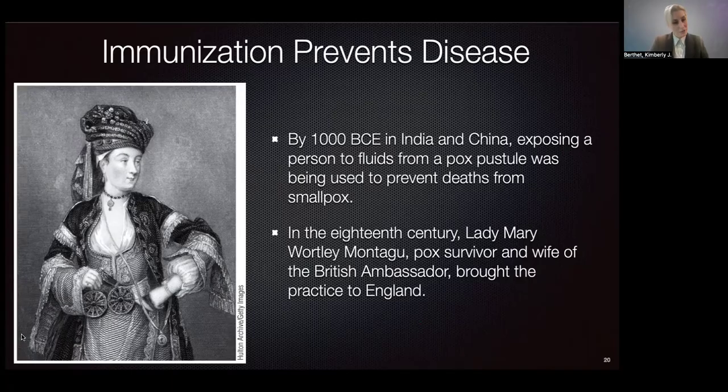By exposing another person to this fluid, the person's immune system was recognizing this microorganism and being able to adapt to it. In the 18th century, Lady Mary was able to bring this practice to England and display the same kind of immunization with other people. So this again is the foundation of what we now know today as vaccinations.